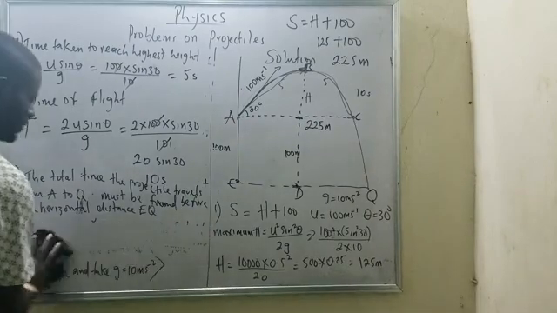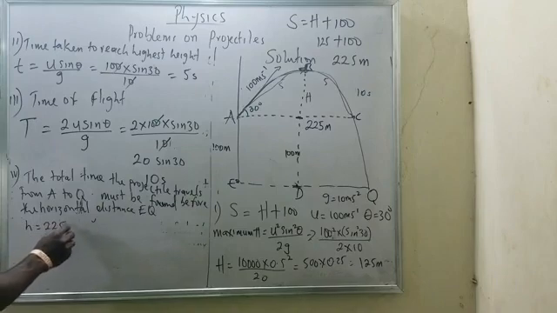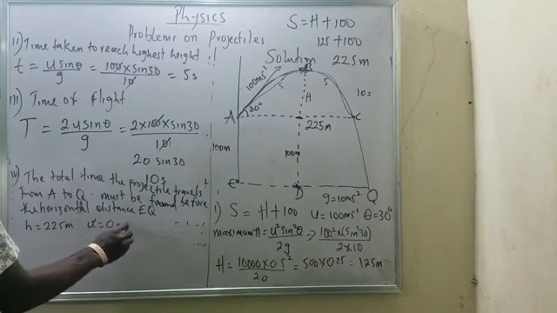Now, how do I get the time? I need to get the time it takes. I will first generate my height. We have my height at 225 meter. We have my u at 0 meter per second.